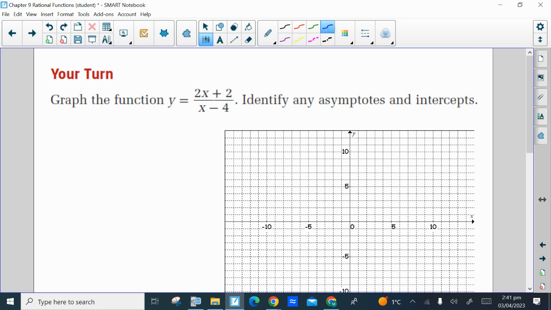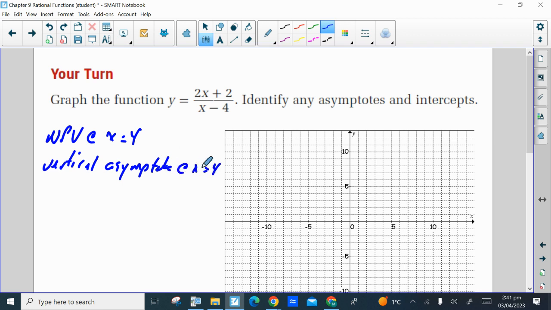So in this case, we'll have a non-permissible value at x equals 4. So that's our vertical asymptote. Again, the degree of the top and bottom are the same, both x to the 1.